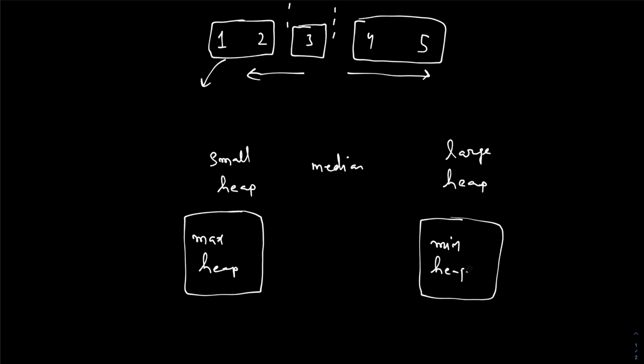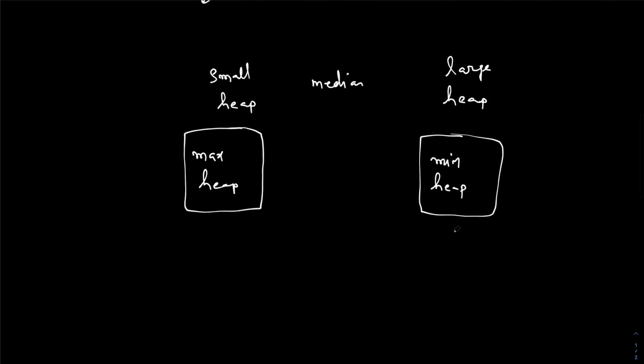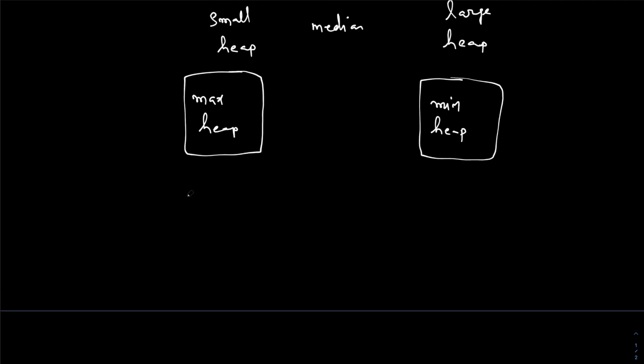Now you might be thinking, if this is the smaller heap, why are we not using a min heap, and if this is the larger heap, why are we not using a max heap? Let me explain. Suppose we have 1 2 and 3, and here we have 6 and 7 and 8. Just take an even condition, where the size of the array is even.